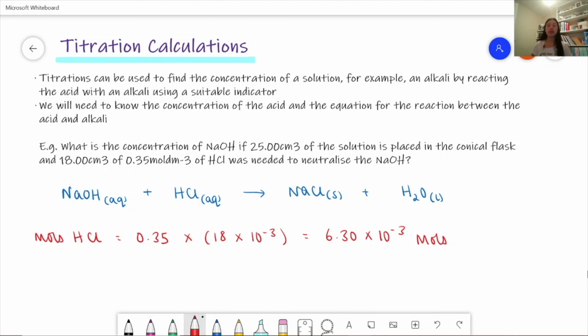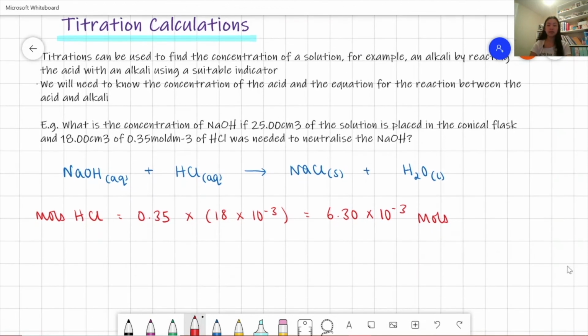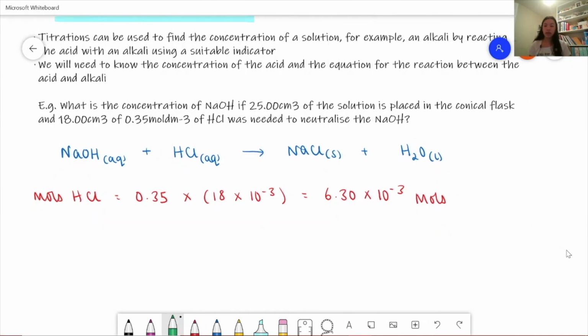And now what we can do is use this equation to find the ratio between sodium hydroxide and hydrochloric acid. So from the equation, we have that 1 mole of hydrochloric acid will react with 1 mole of sodium hydroxide.